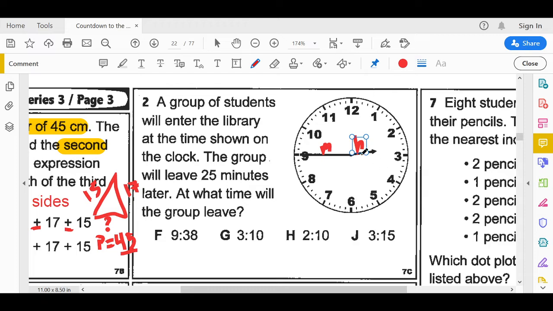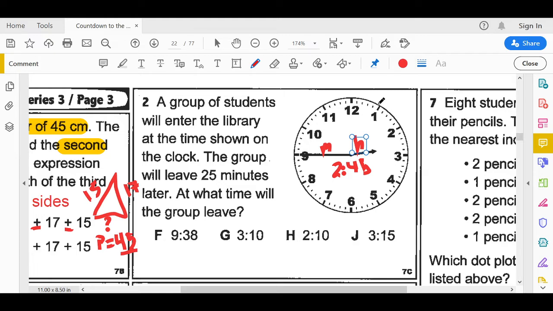Okay, that's for M. So this one is before the number 3, so this should be 2. That's the time 2, and how many minutes? It is right on the number 9, so that should be 45. Remember how we read the time? Each of them is going to be 5 minutes.